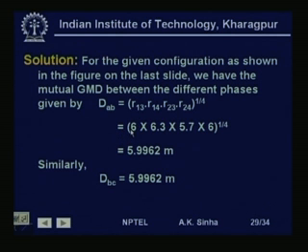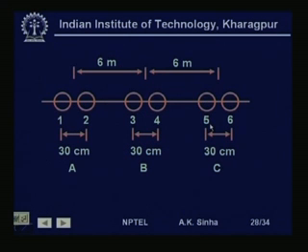So, this is equal to 6 into 6.3 into 5.7 into 6, that is 13 is 6, 23 is 5.7, 14 is 6 plus 30 centimeter, so 6.3, and 24 is 6.